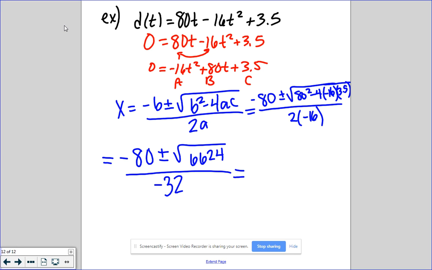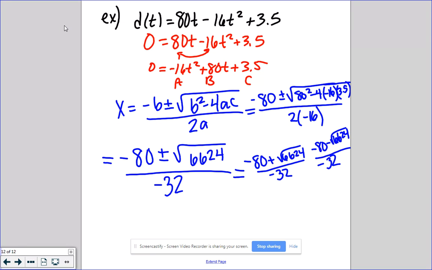So, if I solve this, I have 2 options. My 2 options are negative 80 plus the square root of 6,624 over negative 32, or negative 80 minus the square root of 6,624 over negative 32. And we can find these as decimal answers now.